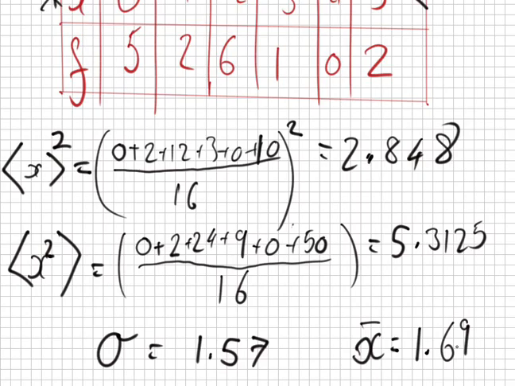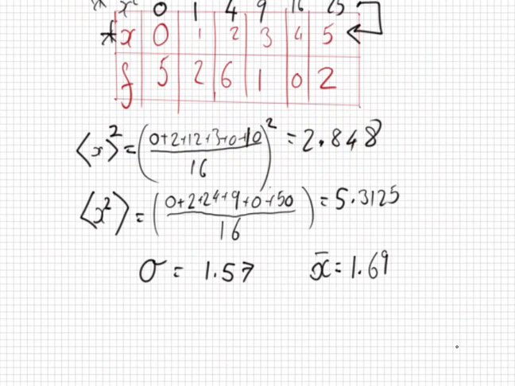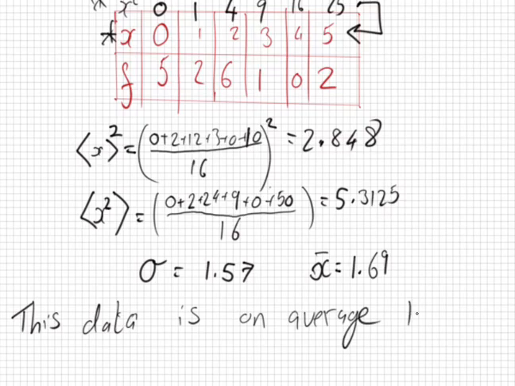So the reason I'm writing that down is because sometimes they might ask you to make a small comment. So the comment would be, this data is on average 1.57 away from 1.69.